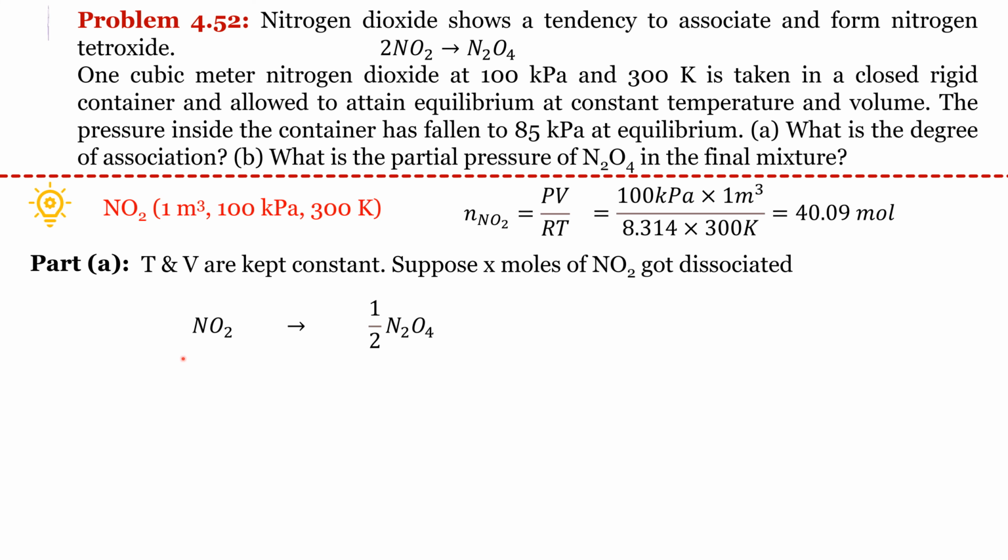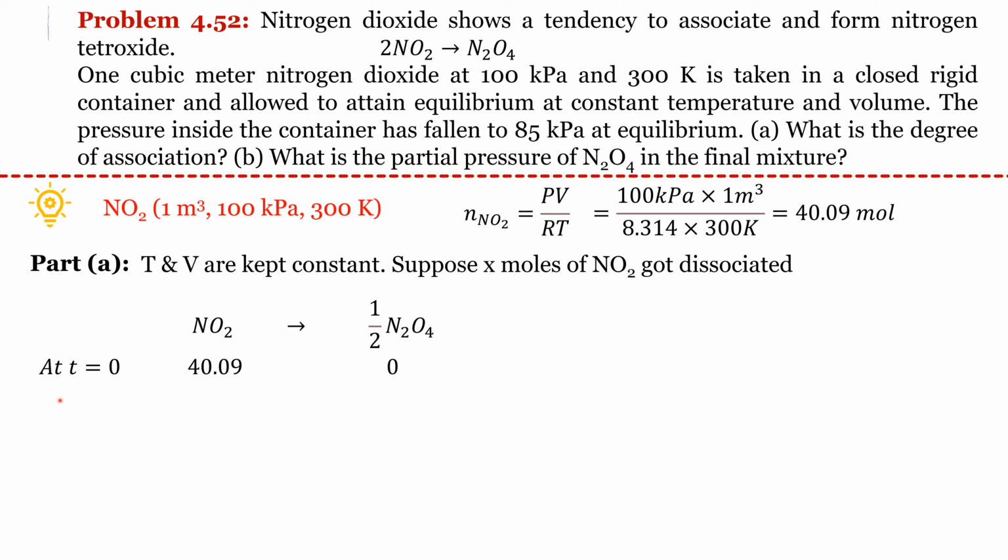As per the reaction, NO2 is getting converted into N2O4. Initially there are 2 moles of NO2 converting into 1 mole of N2O4. So simply divide by 2, so it will become NO2 and here it will become 1 by 2.